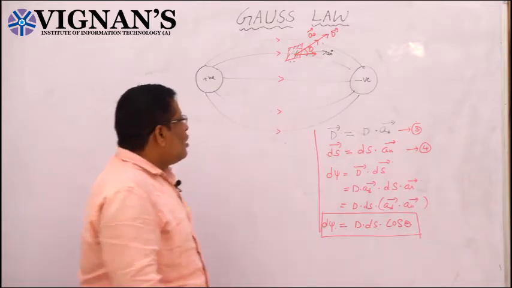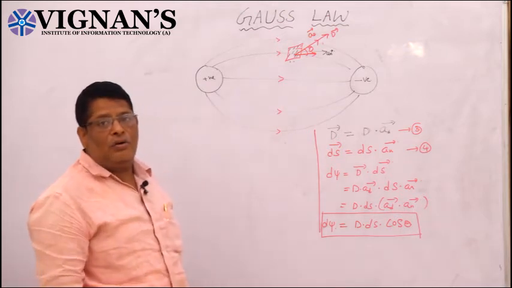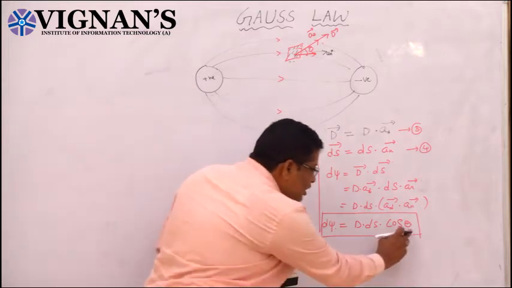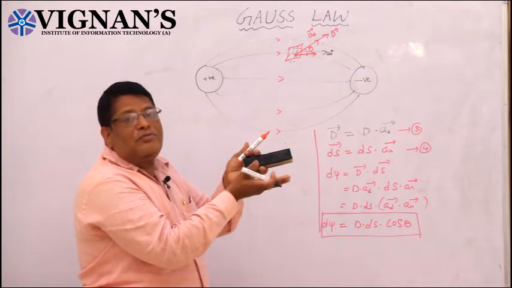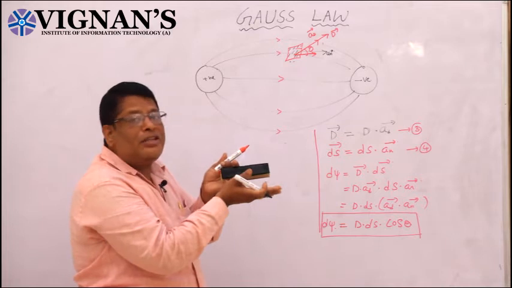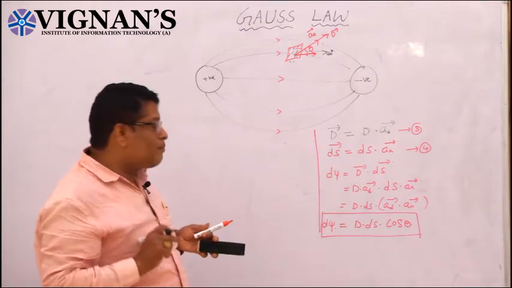Suppose the angle is 0. If the angle is 0, D bar and dS bar are parallel. When these two are parallel, the angle between these two vectors becomes 0.